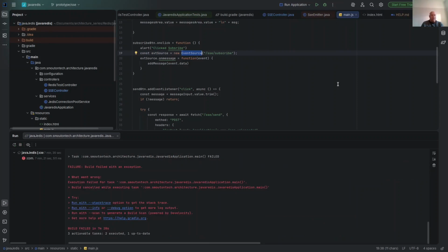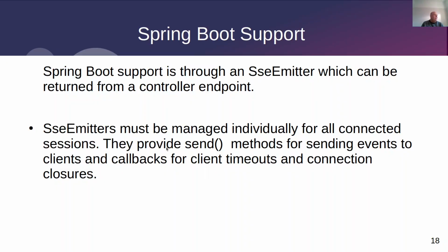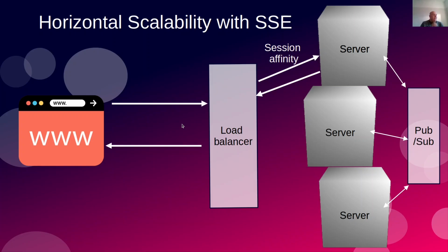I know this is dragging on quite a long time, so let's just quickly go back to a couple more things. One final thing that we need to consider is horizontal scalability. So in this setup, the browser is maintaining a persistent connection with your server.